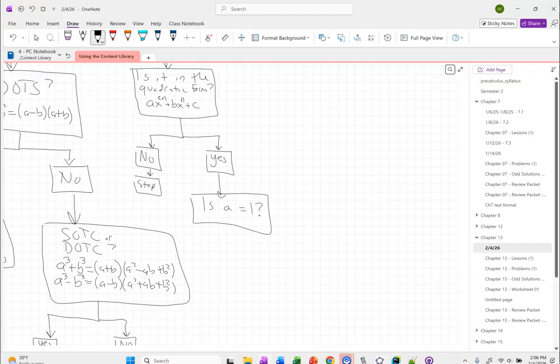So if it is quadratic, we're going to check then to see if the leading coefficient is equal to 1.